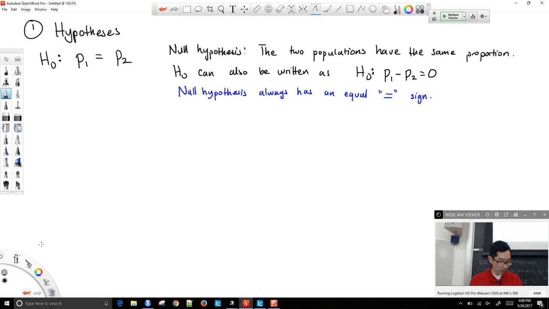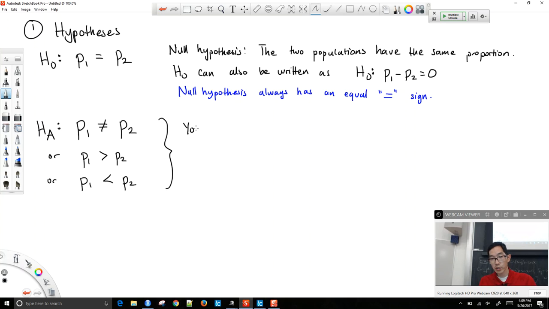Then the alternative hypothesis. The alternative hypothesis is identical to the null, except we replace the equal sign with something else. So we say P1 is not equal to P2, or maybe P1 is greater than P2, or P1 is less than P2. Your choice of not equal, greater, or less depends on how the question is written.